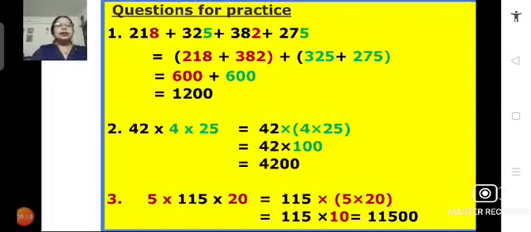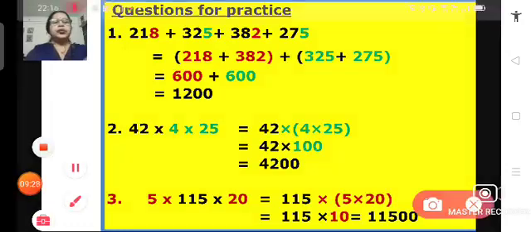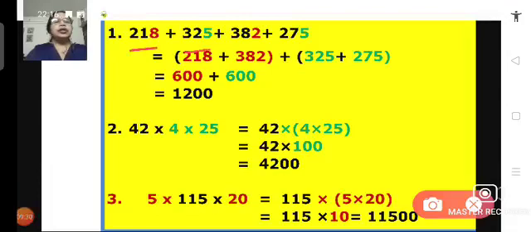Now let's revise some of the problems as a practice for the upcoming periodic test 1. First one is 218 plus 325 plus 382 plus 275.